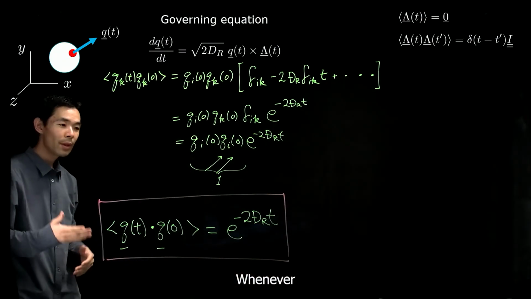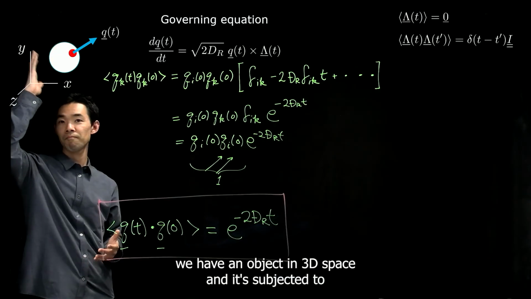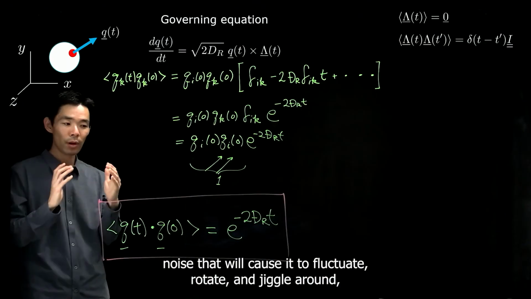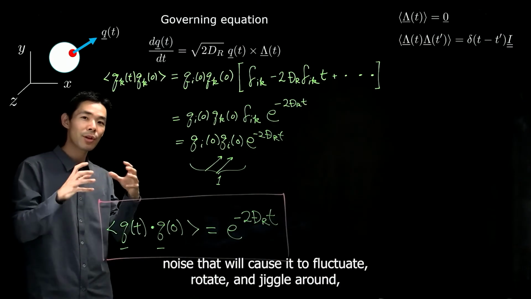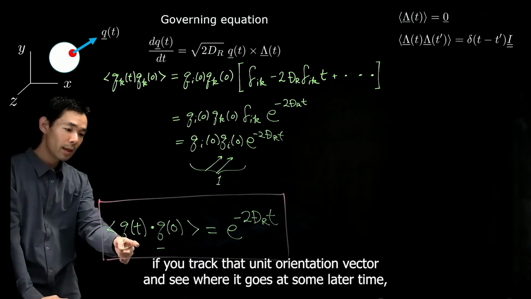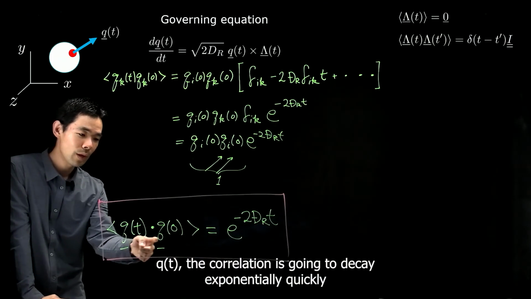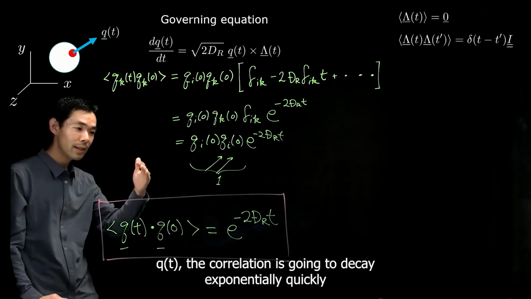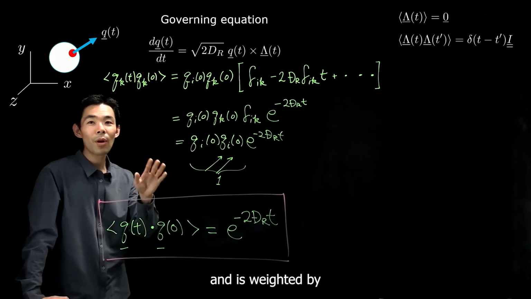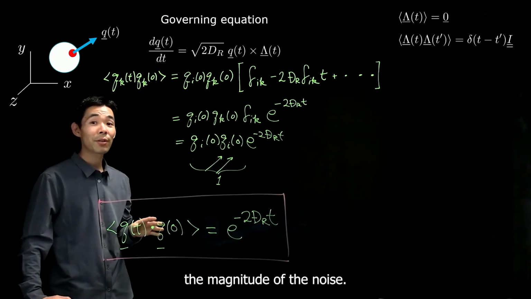So apparently, whenever we have an object in 3D space, and it's subject to some kind of noise that will cause it to fluctuate and rotate and jiggle around, if you track that unit orientation vector and see where it goes, at some later time t, when multiplied with its initial value, it is going to decay exponentially quickly and is weighted by how large the magnitude of that noise actually is.